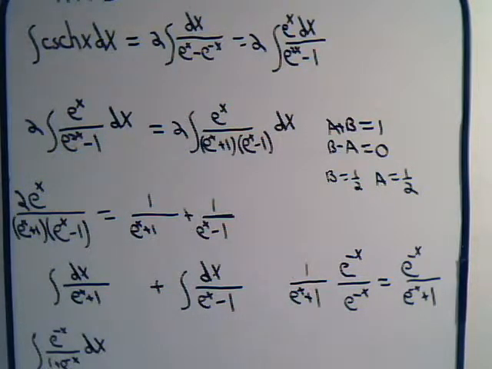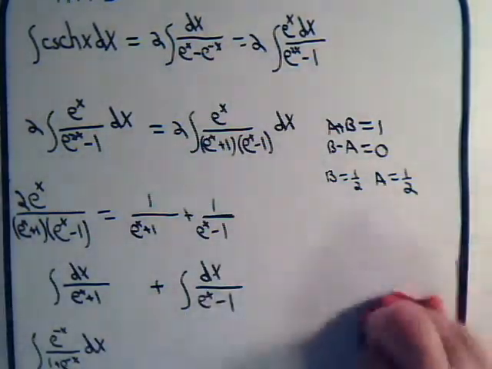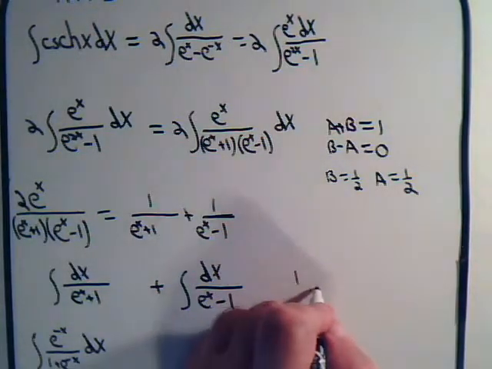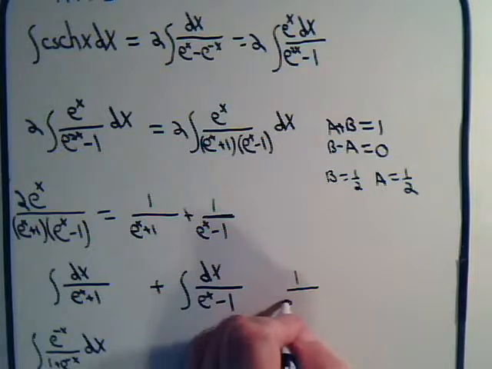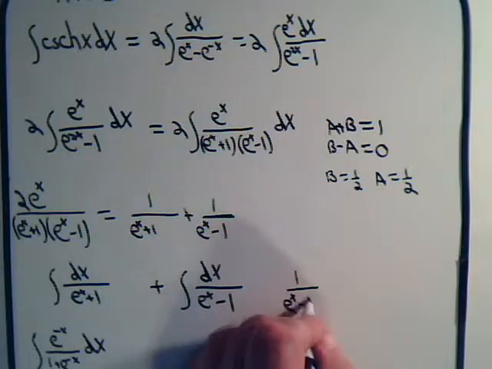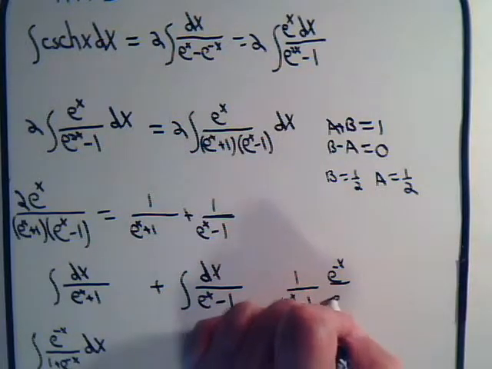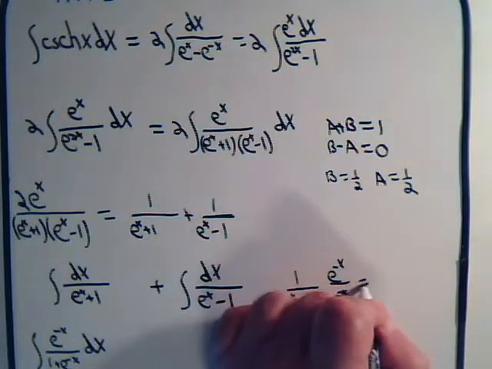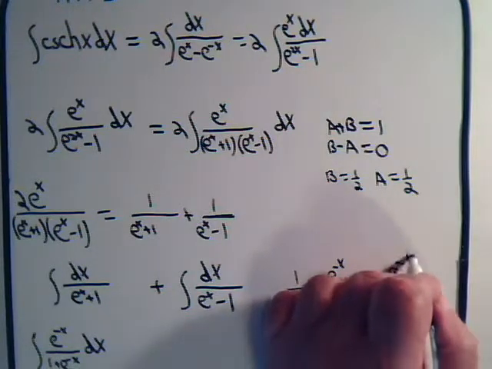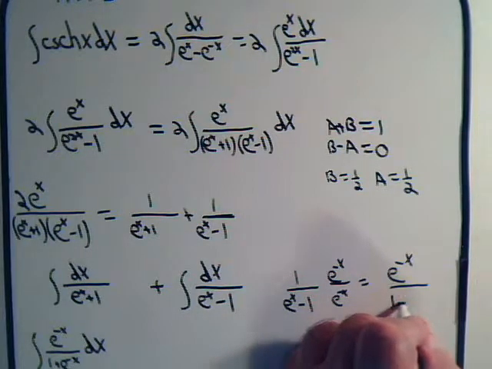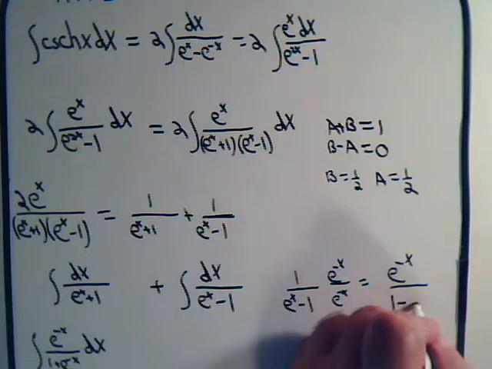And we're going to do the same thing here, it looks like. So again, let's just write it out to make certain we don't make any mistakes. We have 1 over e to the x minus 1, multiply top and bottom by this. We have e to the minus x on top, and this will be e to the 0, which is 1, minus e to the minus x.